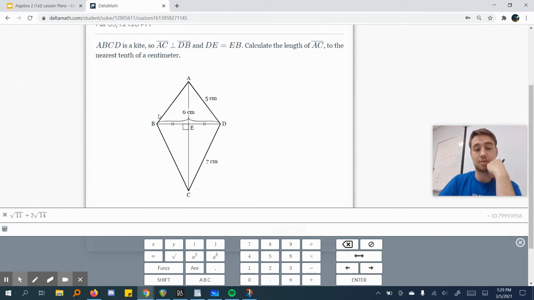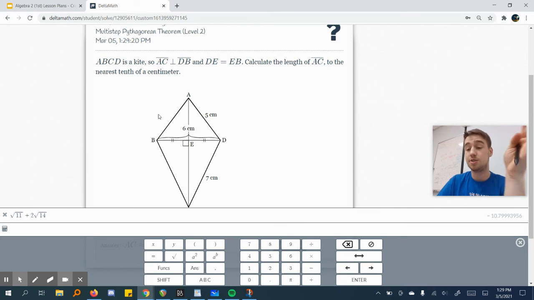We're going to get similar problems. We've got another kite. What we need to do with these is we simply cut that diagonal in half and then add up the 2 Pythagorean theorems you get by performing it with each side.